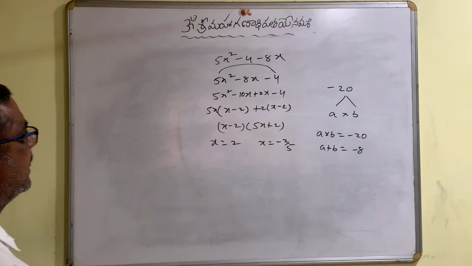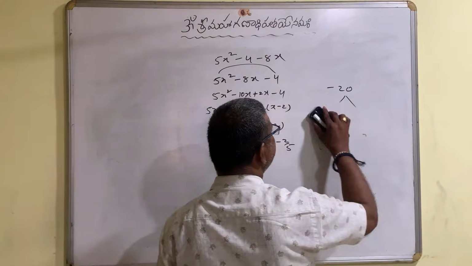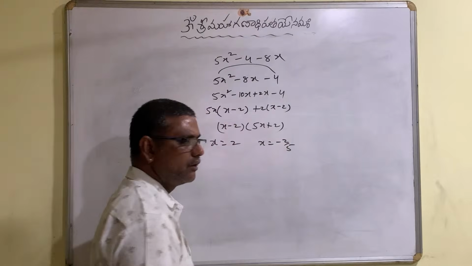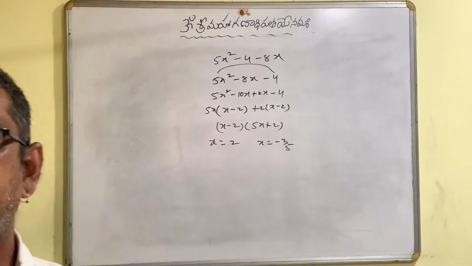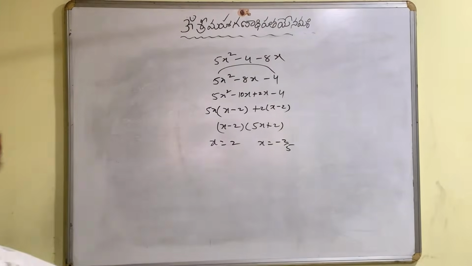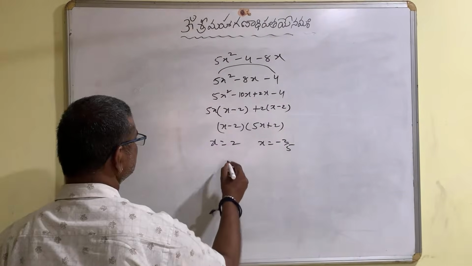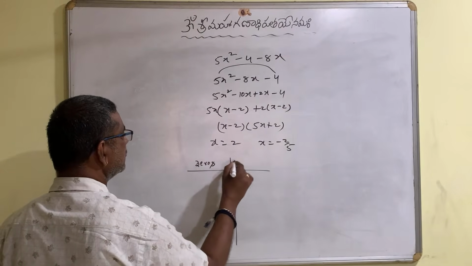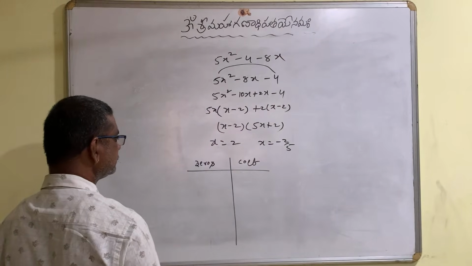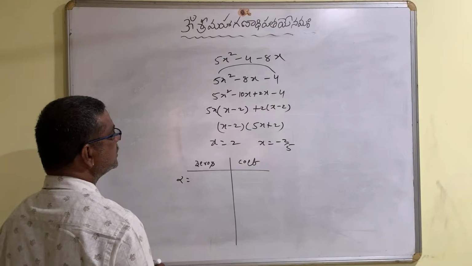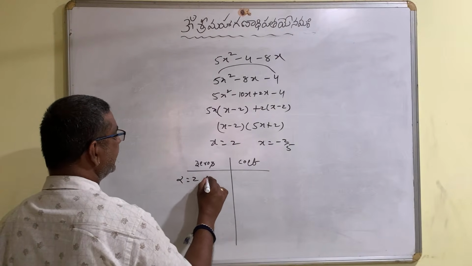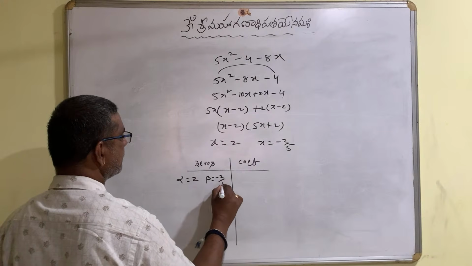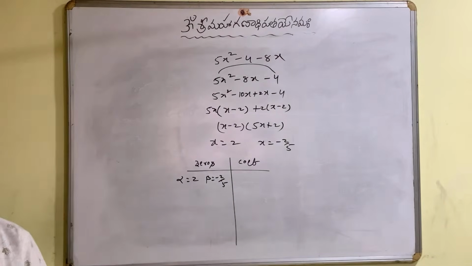Now we need to verify the relation between zeros and coefficients. Is that right? Very important model: verifying the relation between zeros and coefficients. Let one zero be alpha and the other beta, which is minus 2 by 5.